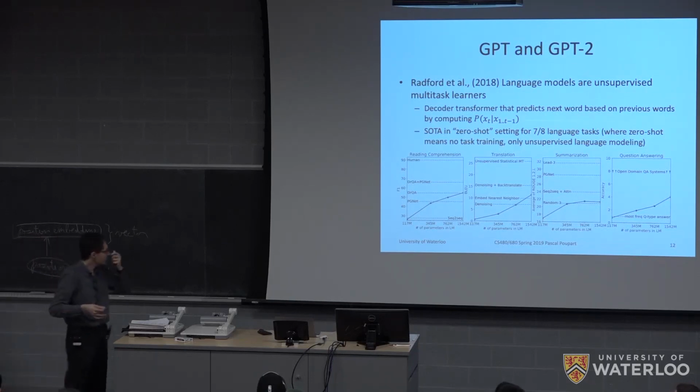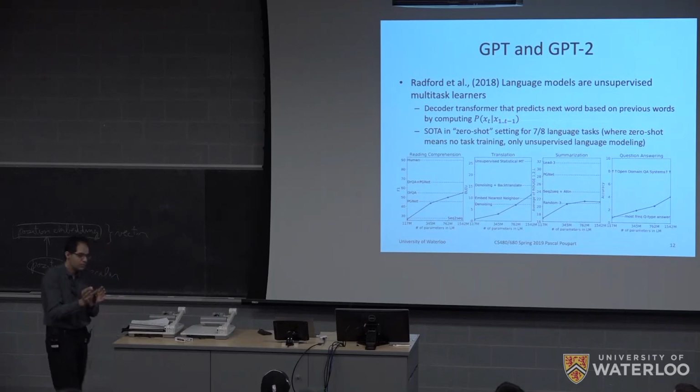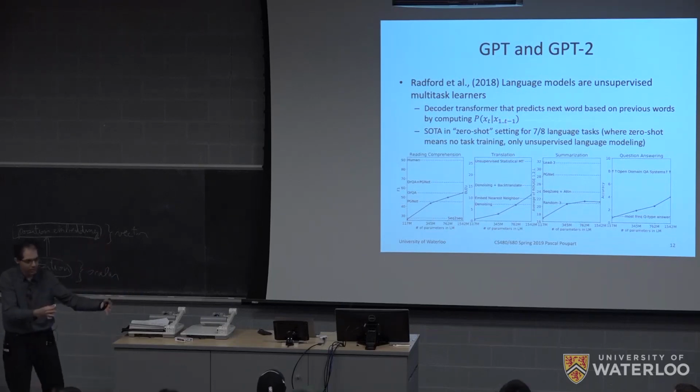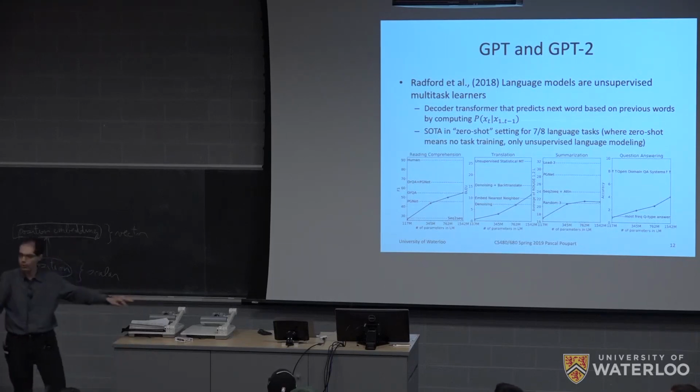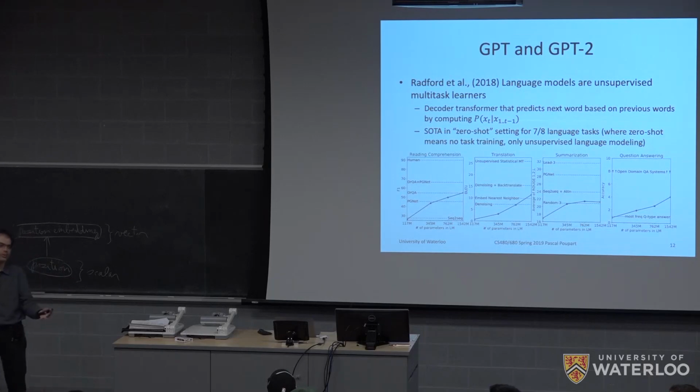So here they did something really interesting, where they trained a decoder transformer. Because they were only going to predict the next word given the previous words, there was no need to really separate some input sequence from an output sequence, so they did not need to have the encoder part. In the transformer architecture, they got rid of the encoder, and they worked only with the decoder.